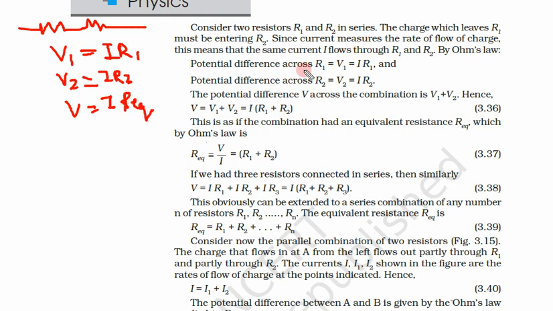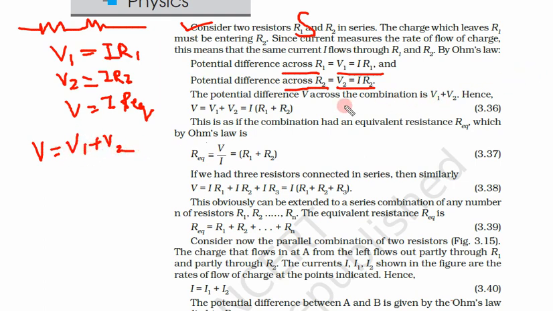So the potential difference across R1, V1, is equal to IR1. This is for series. We are solving this for series. For R2, V2 is equal to IR2. Now the potential difference across the combination, we had this equation also: V is equal to V1 plus V2.